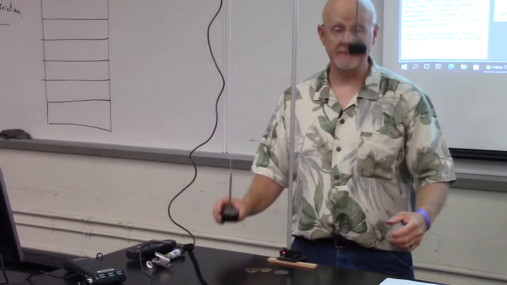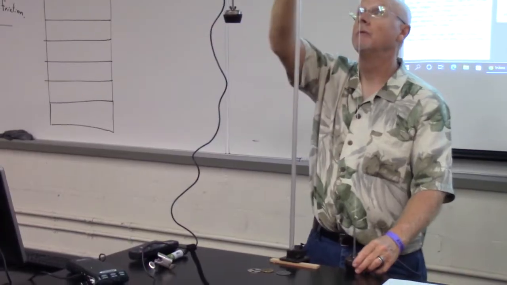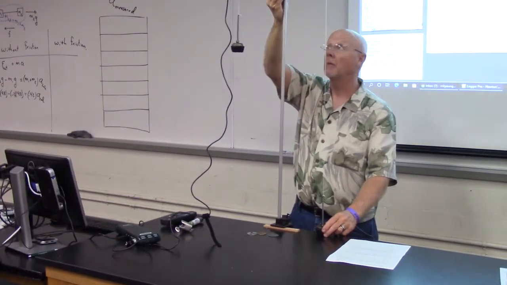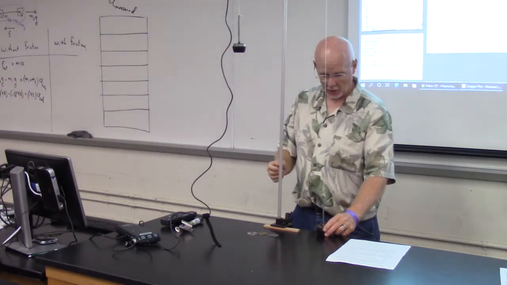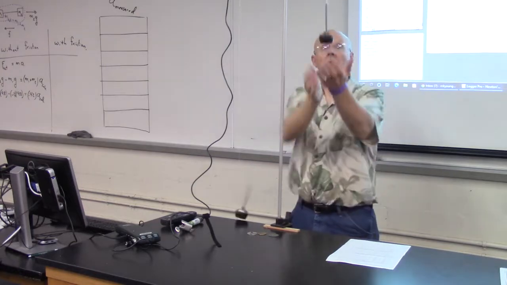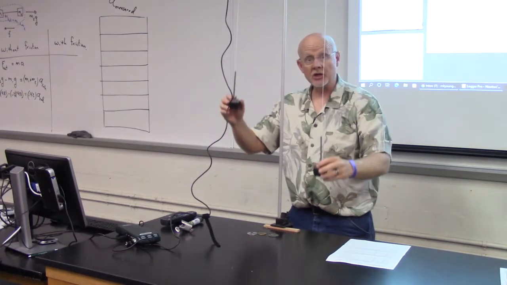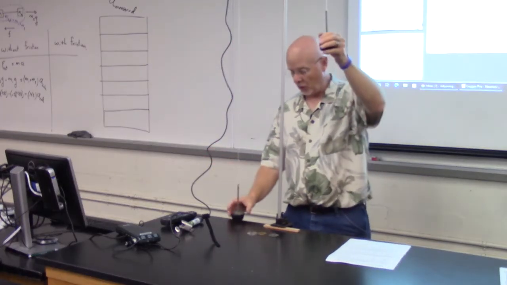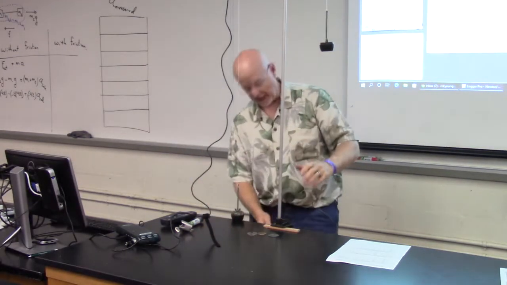And like I said, if I let this go, there it is. It has an acceleration. And I'm going to use the photo gate here. Oh, I see. I'm tilted back a little bit.